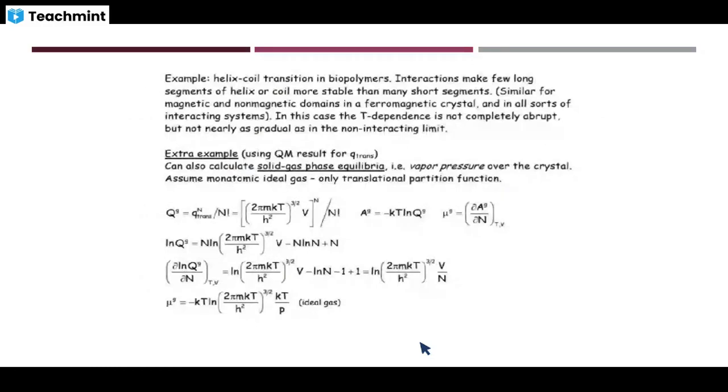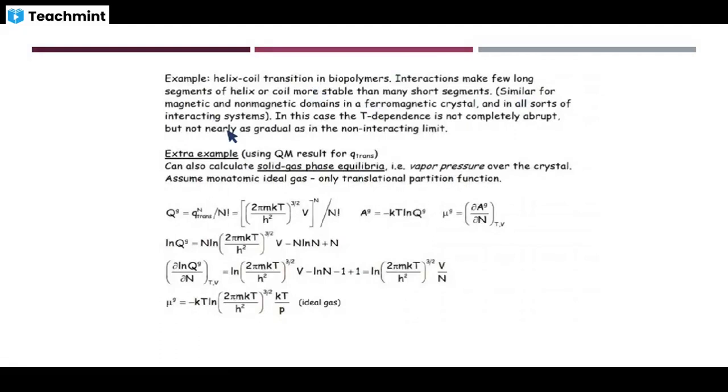For example, in a helix-coil transition in biopolymers, interactions make fewer, longer segments of helix more stable than shorter segments, because in the longer segment there are more interactions. More interaction means less energy, and less energy means more stable.